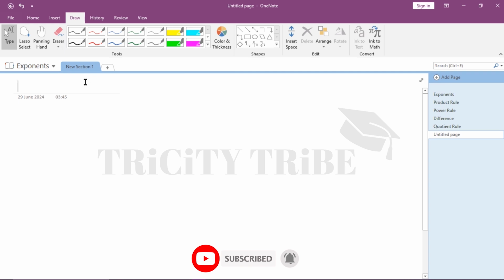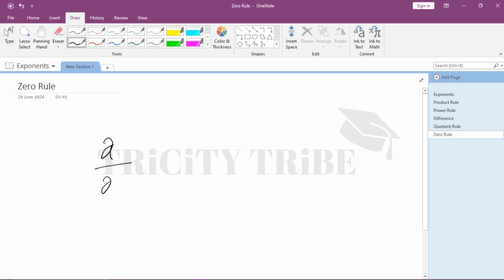We have the zero rule. The zero rule tells us that when you have your base number above and your base number below, and the exponent above is the same as the exponent below, then a to the power 0 is equal to 1.